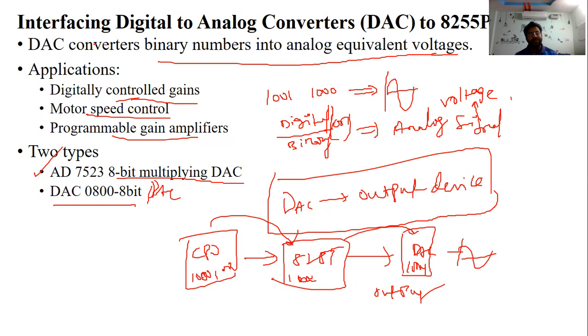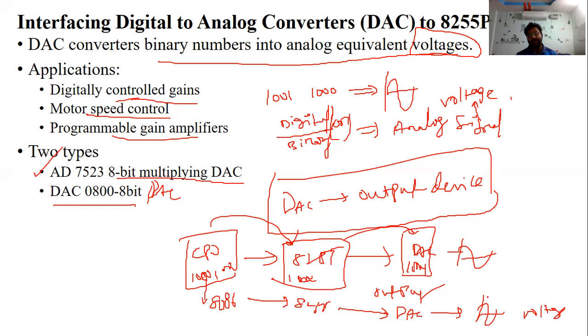It can convert binary numbers or data to analog voltages. This binary data is available on the CPU, the 8086 microprocessor. The data can move into the 8255. This 8255 moves the data to the DAC. The DAC converts it into analog voltages, which may be a sinusoidal, triangular, or rectangular signal, whatever.